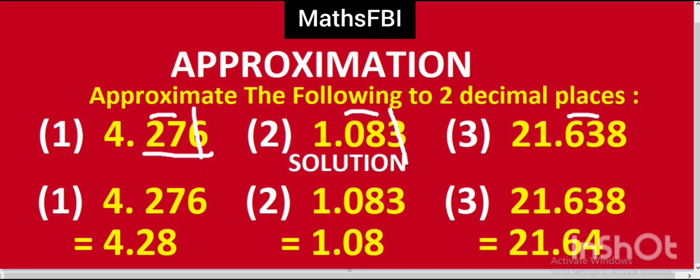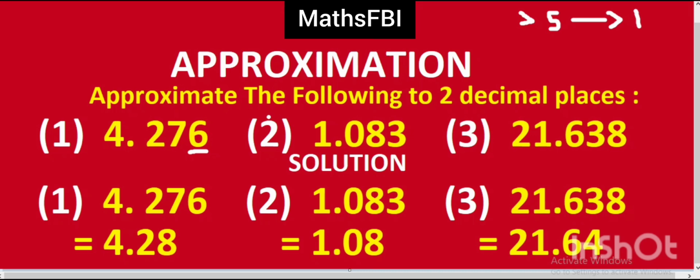Okay, and so we apply the approximation principle. How do we do that? We consider the very number to the right of the requirement. The requirement is 2 decimal places. Okay, so this number, is it up to 5? If it is greater than or equal to 5, we round it up to 1 and then we add to this.